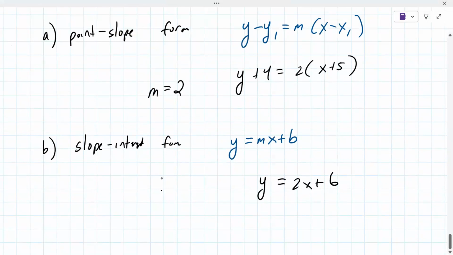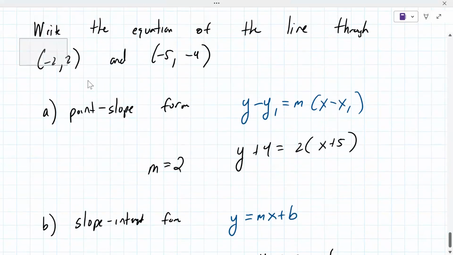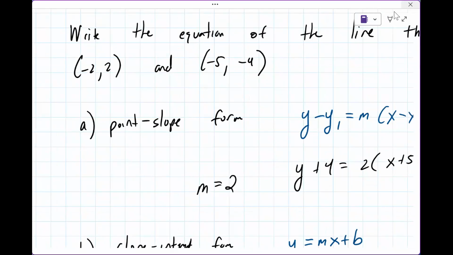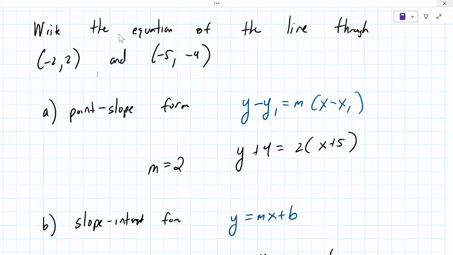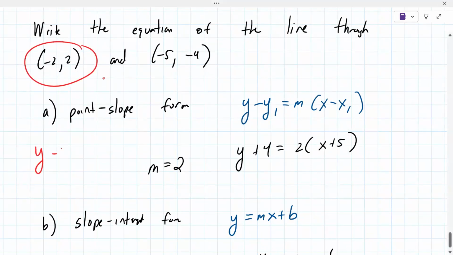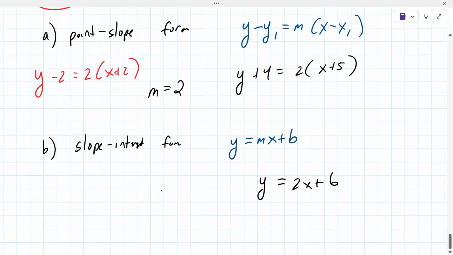Good, very good. Okay, now let's just say I wanted to use this other point. I'm going to do this in red so you can see the difference. But it'd be y minus 2 equals 2 times (x plus 2). So a lot of 2's going on there. And then if I solve that for y, I get y minus 2 equals 2x plus 4.